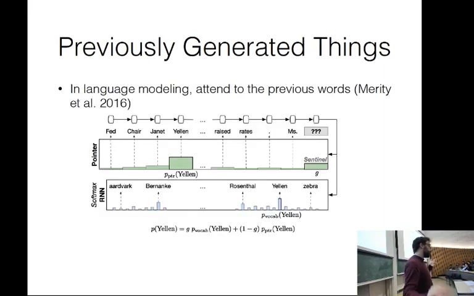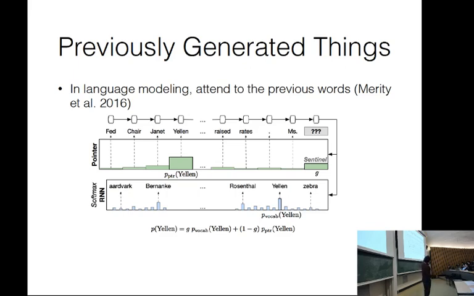So, other than just the source sentence, we could also attend over previously generated things. Let's say we have generated "Fed Chair Janet Yellen, blah, blah, blah, raise the rates." Now this is for cases where you want to have longer generations and coherence across them. Instead of just looking at the source in the encoder, you could have an attention over all the previous words that you have generated.